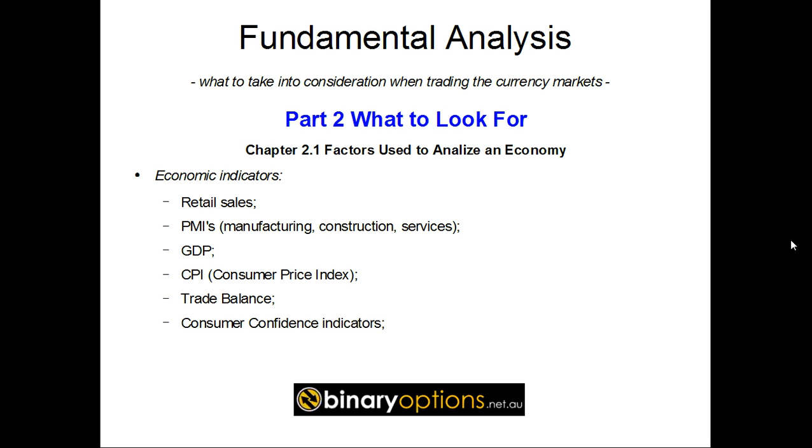Below you can find some examples on your screen, with more details to come when we treat each and every one of them separately in the chapters dedicated to this in this educational series, under the third part, specific data to look for. As you can see on the economic indicators, you have the retail sales, for example, or the PMIs: manufacturing, construction and services.